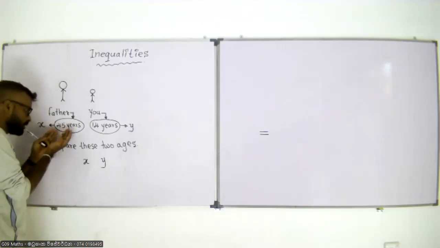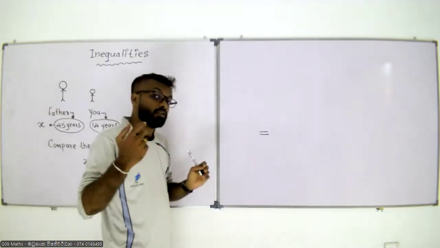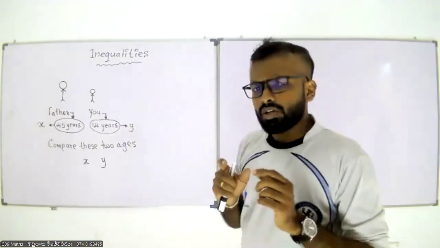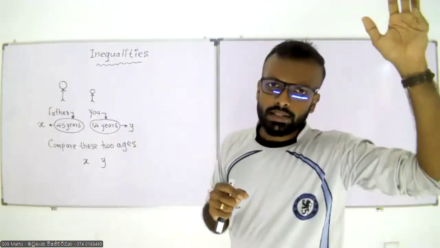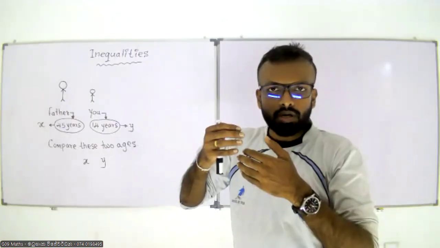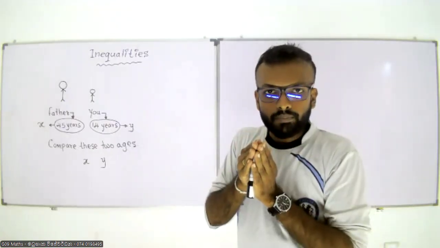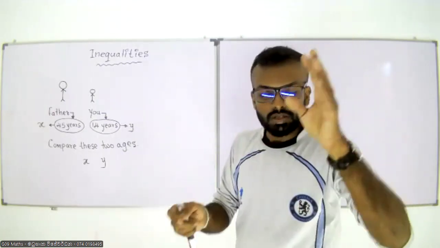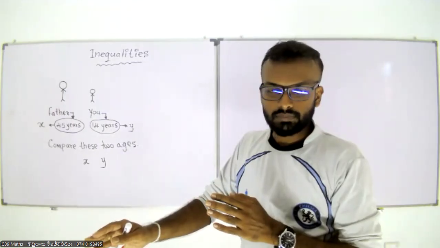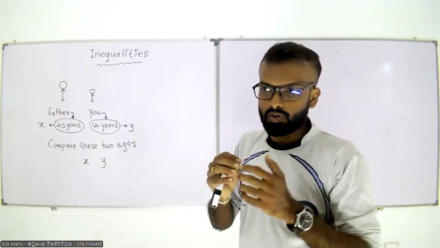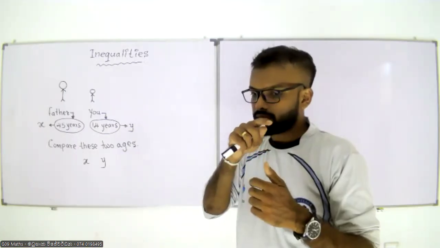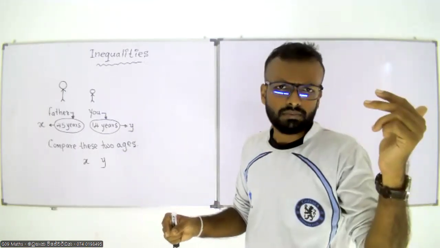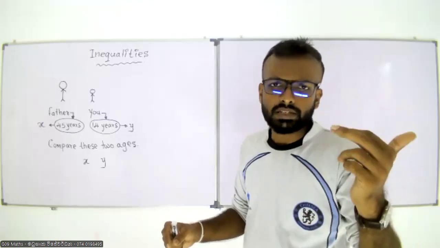Normally you know your father is older than you. In other words, you are junior to your father. Your father is older, and you are the junior person compared to your father when we compare the ages.